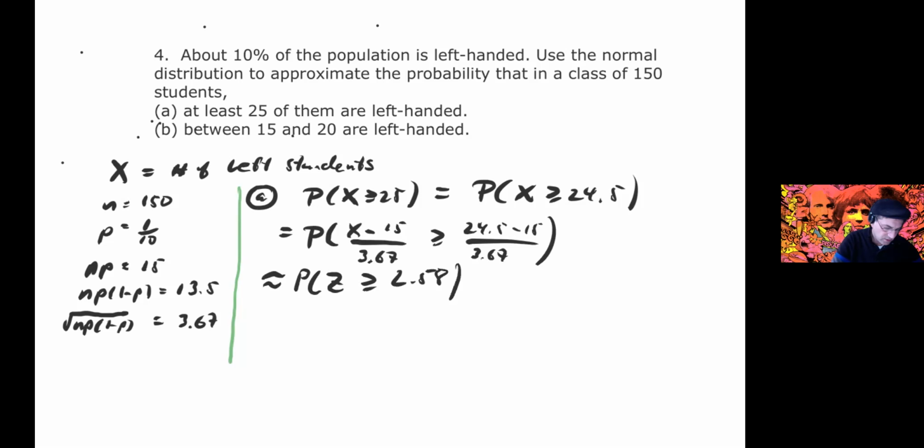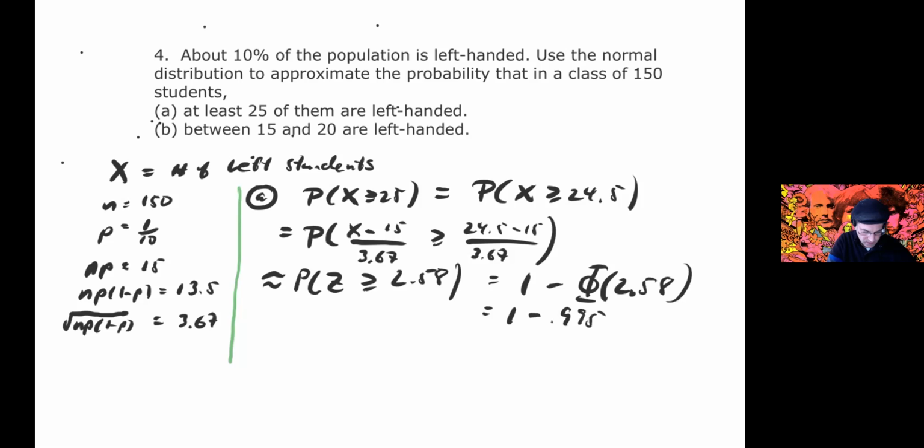So you get 2.58, and that's the same as 1 minus the cumulative distribution function evaluated at 2.58, which is 1 minus 0.995. So the answer we're going to get is 0.005. So that's the answer to part A.